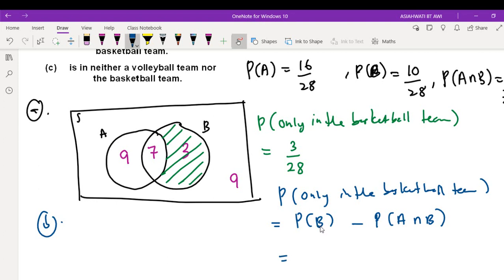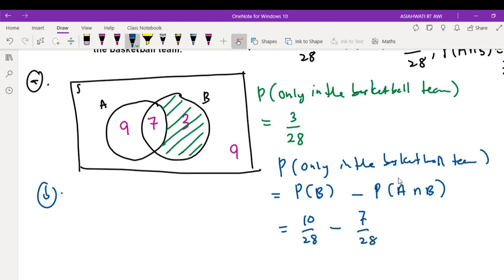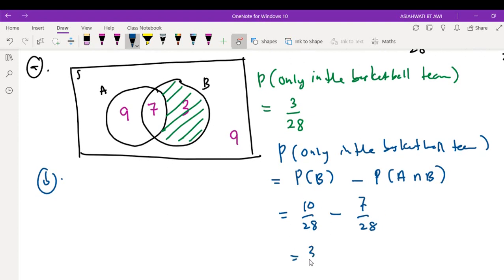So the probability of B is equal to 10 over 28, or 5 over 14, minus 7 over 28 for both, which is equal to 3 over 28.